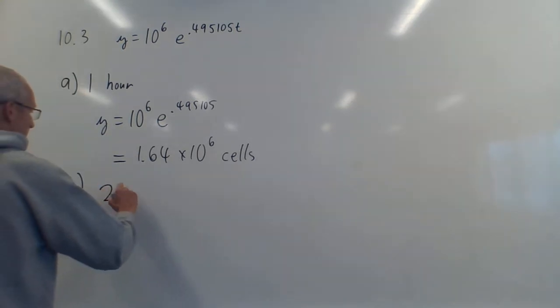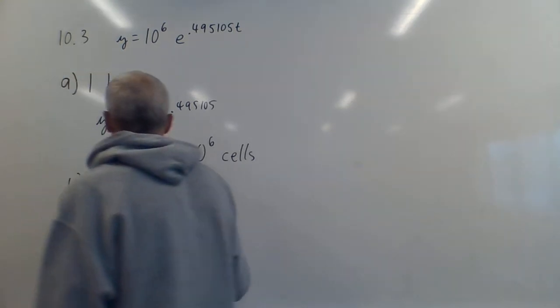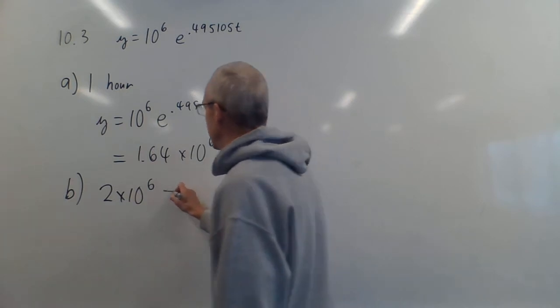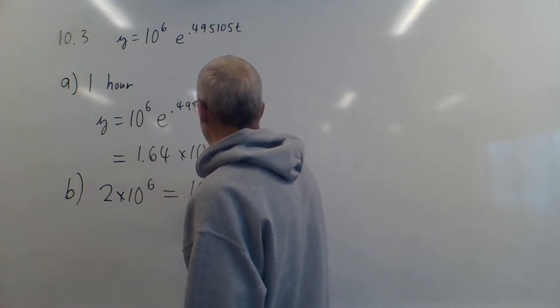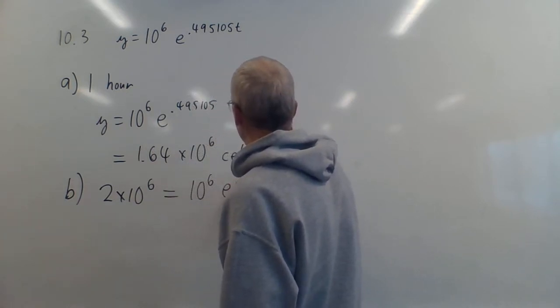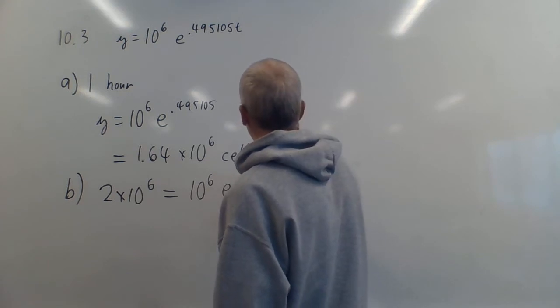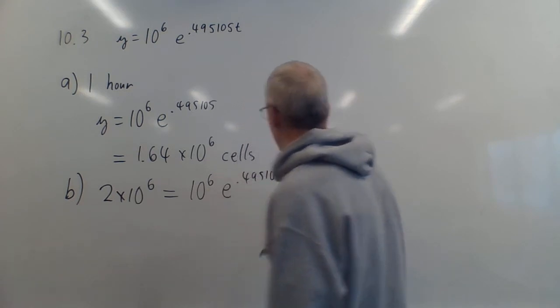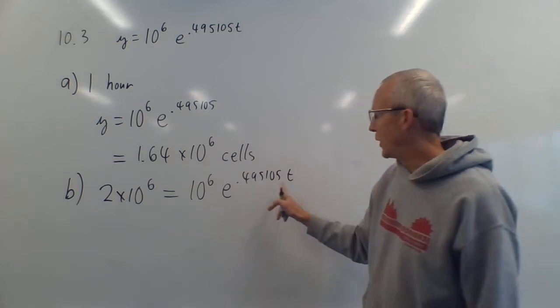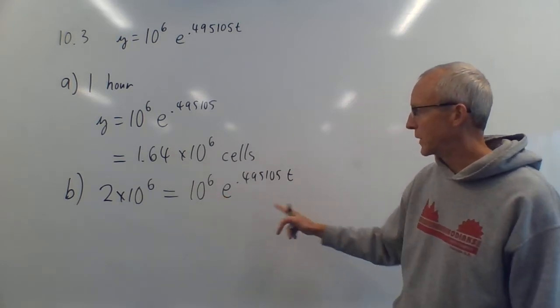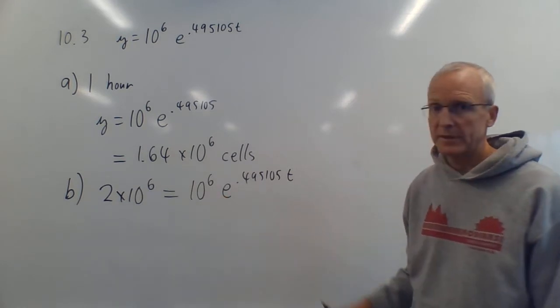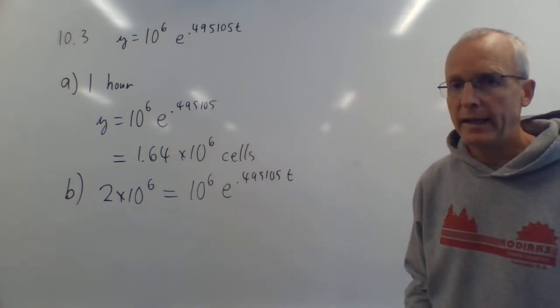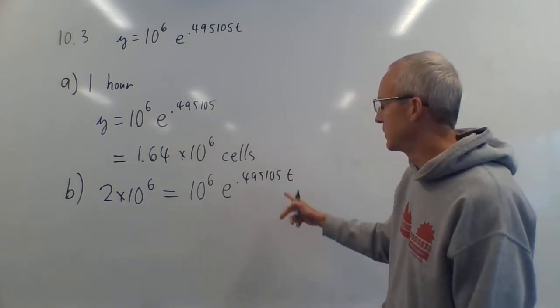So 2 times 10 to the 6th, that's 2,000,000, is equal to 10 to the 6th e to the 0.495105t. So what time makes this true? When will this thing here be equal to 2 times 10 to the 6th? That's what we want. And then we know the doubling time, because at 0, there's this.